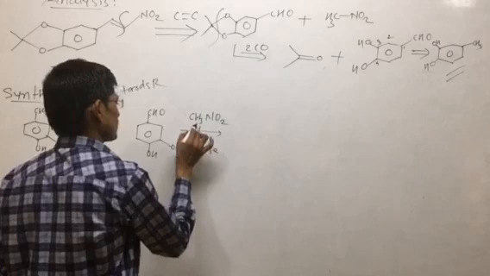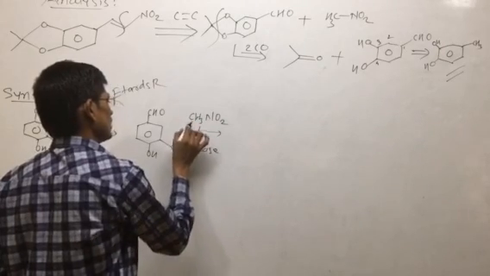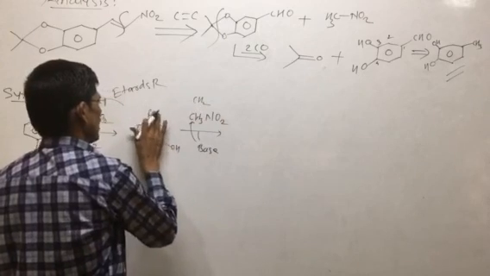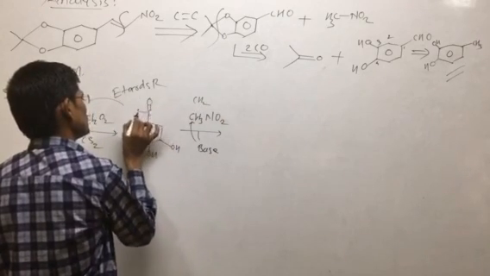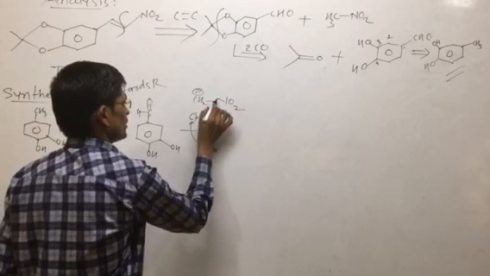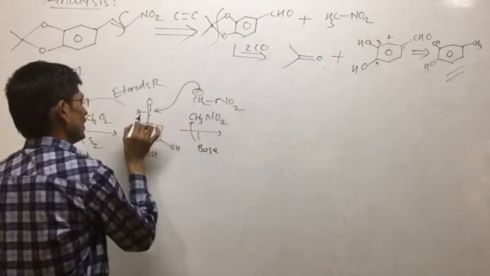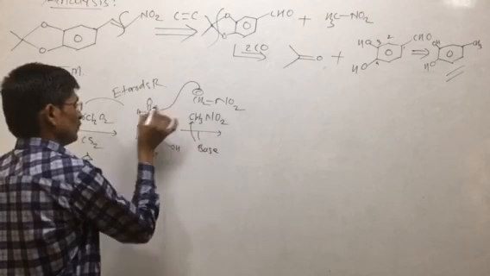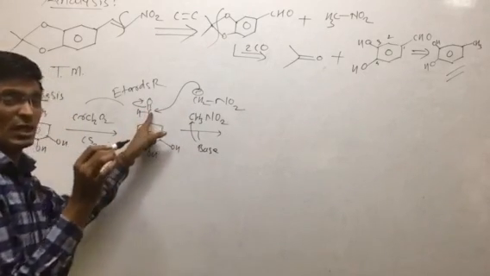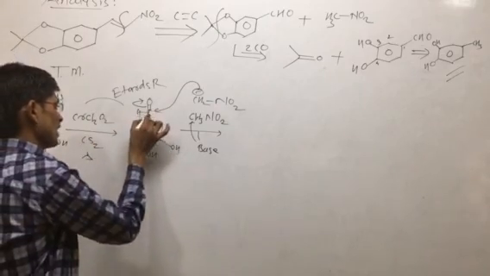The base abstracts a proton from the carbon atom, and it becomes a carbanion, C negative with NO2, which is nucleophilic in nature. This attacks the electrophilic carbon.